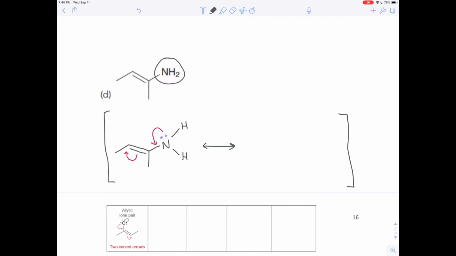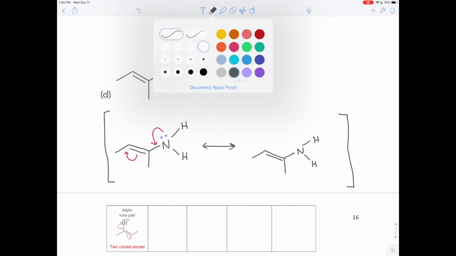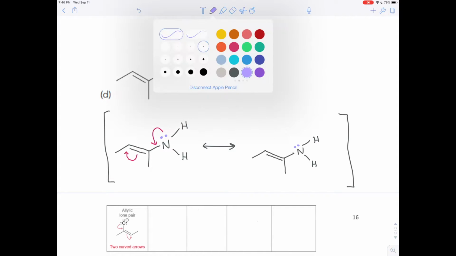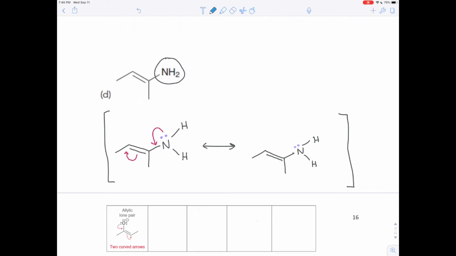All right, so to draw the structure expressed by those curved arrows, we just copy the structure we have. It's the first step, exactly as it is. And then let's just zoom in on the hydrogens.